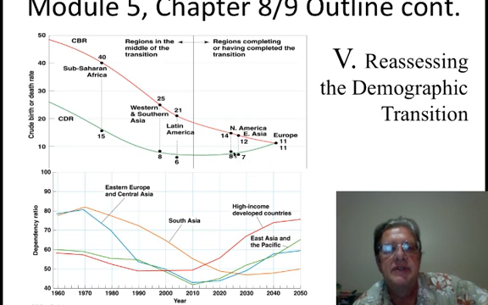In these countries, the difference between the death rate and the birth rate is so small that there's relatively little population increase. In fact, in Europe, there's actually a negative population increase because their death rate has exceeded their birth rate. So the critical population problem that we have in the world right now is due to the differences in the birth and death rates in developing countries.